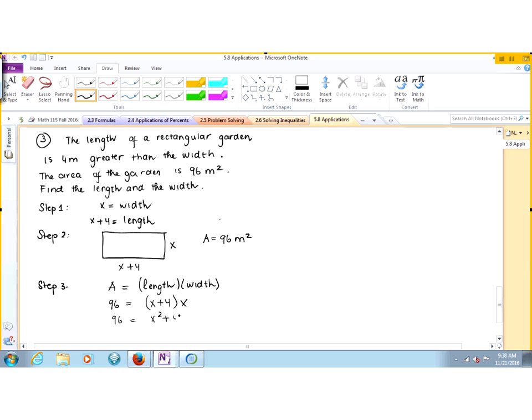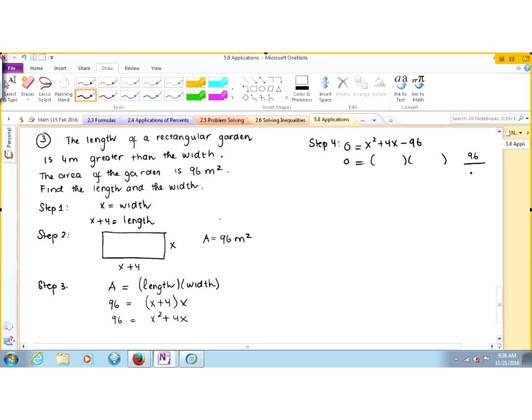So 96 is X squared plus 4x. Then what? Yes, subtract 96. So step 4, or actually here is step 4 because you're solving it. X squared plus 4x minus 96 is equal to 0.